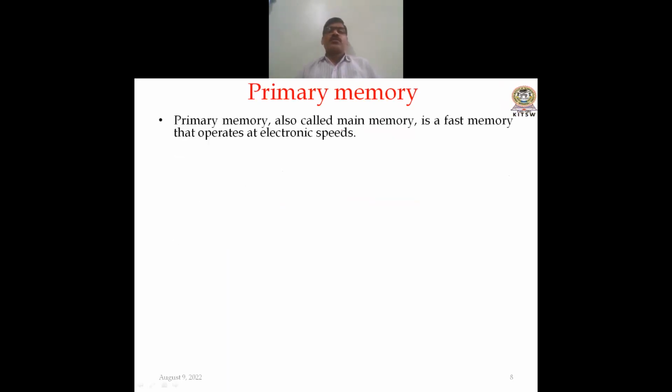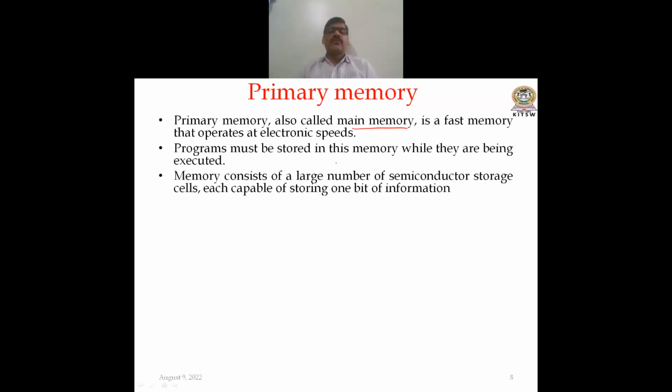Primary memory is also called main memory, which is a fast memory that operates at electronic speed. Programs must be stored in this memory while they are being executed. The memory consists of a large number of semiconductor storage cells.